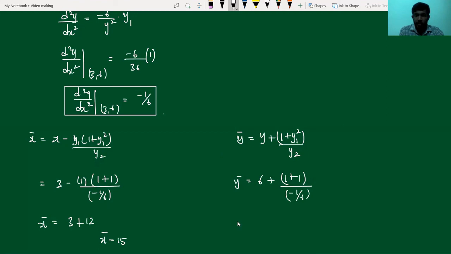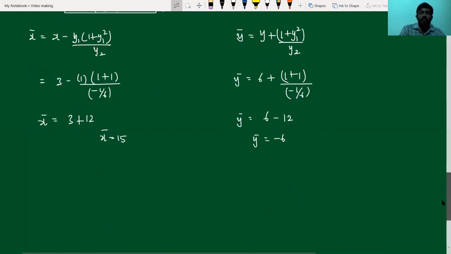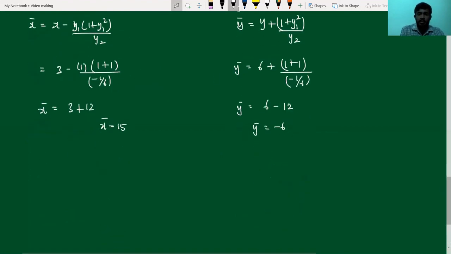If we take this to the numerator, we get y bar is equal to 6 minus 12. So y bar is equal to minus 6.